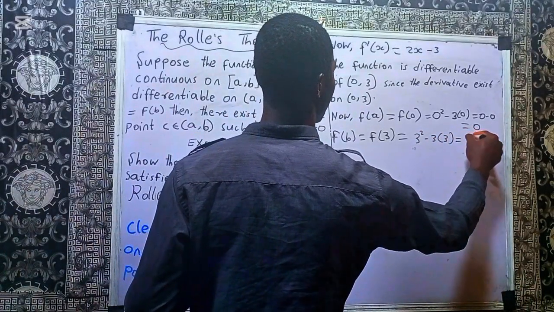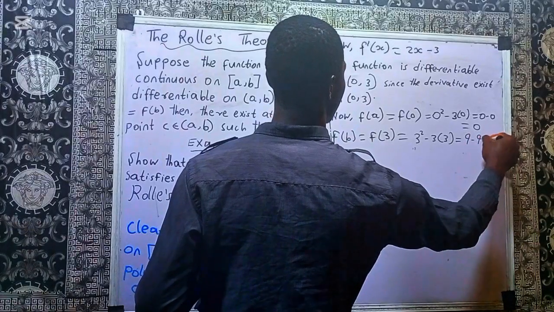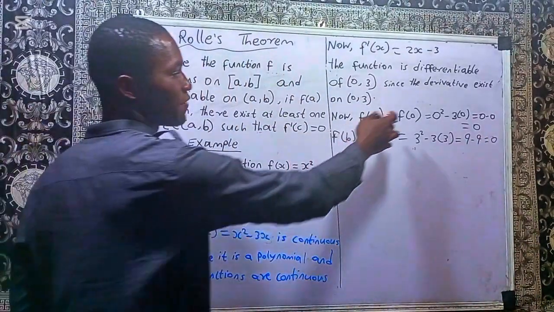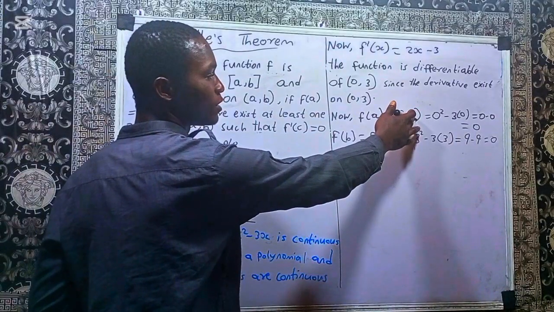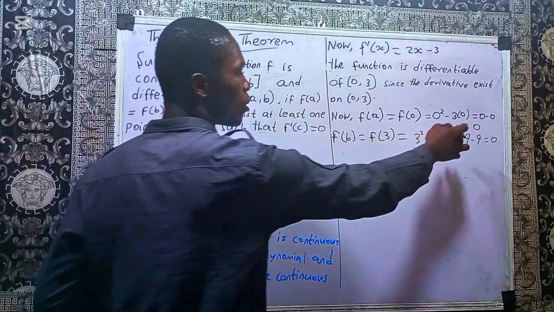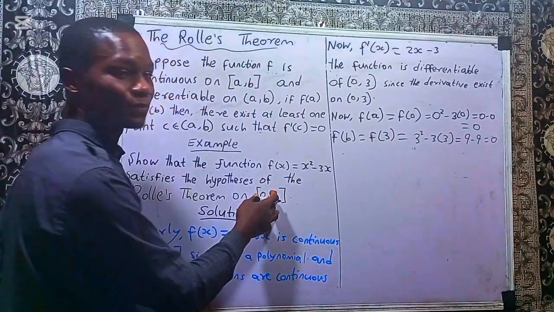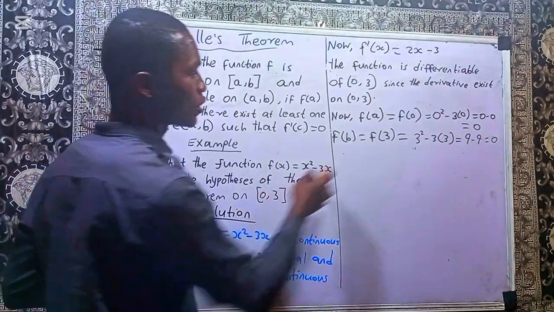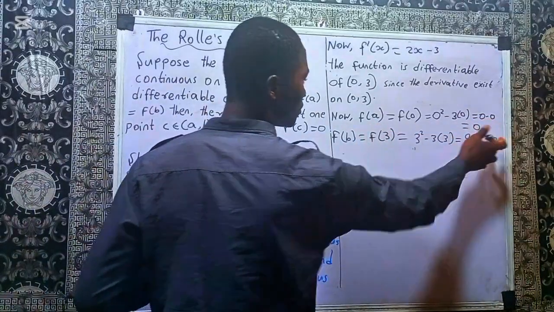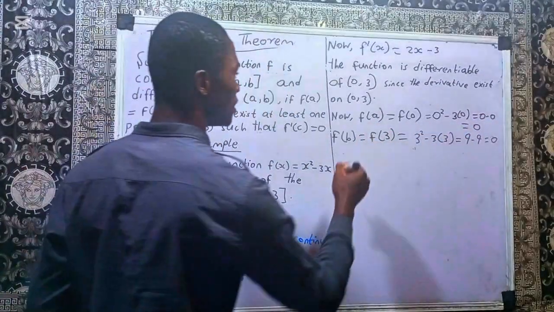And this is 9 minus 9. And this is 0. So what do you notice? f at 0, that is the value of the function at the first point, 0, is equal to the value of the function at the last point, 3. Because f at 0 gave us 0 and f at 3 gave us what? 0. Both of them are the same thing, right?